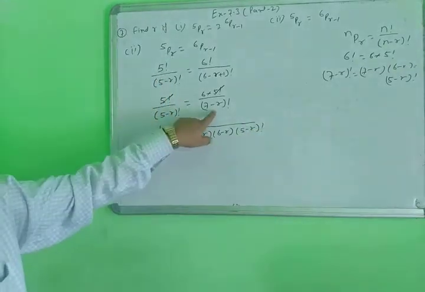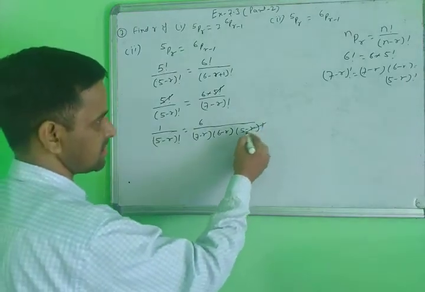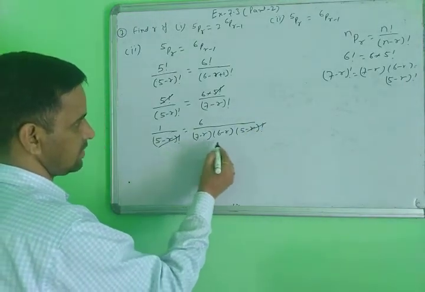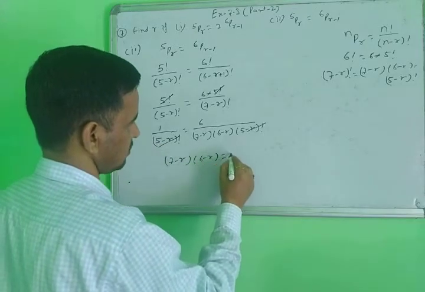So then 5 minus r factorial will cancel here and then cross multiply, 7 minus r and 6 minus r equal to 6.